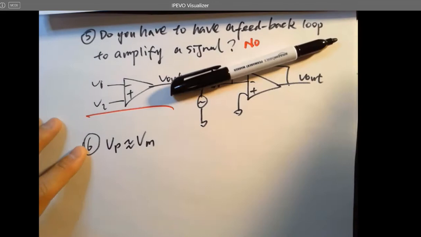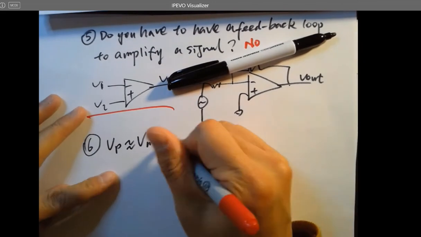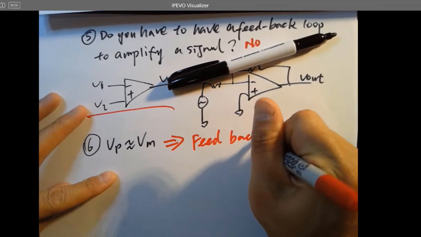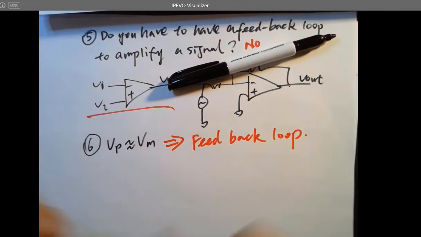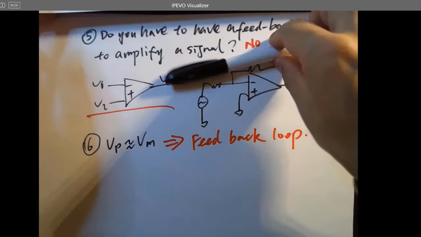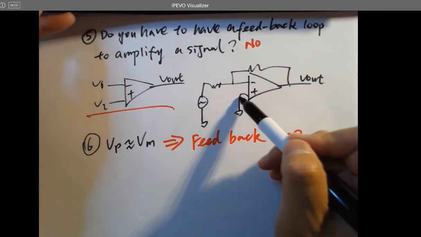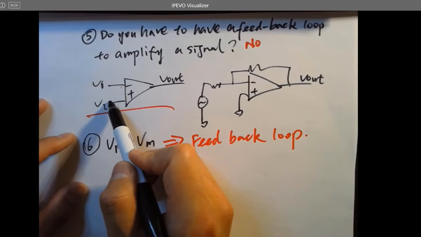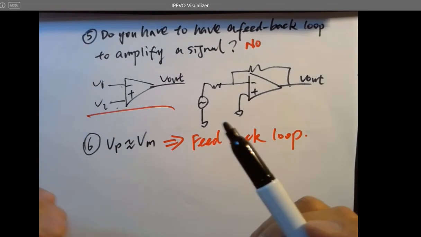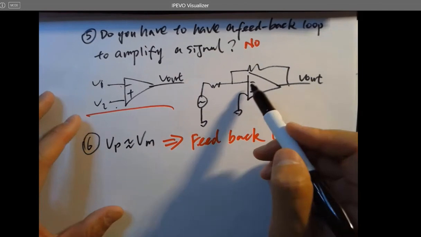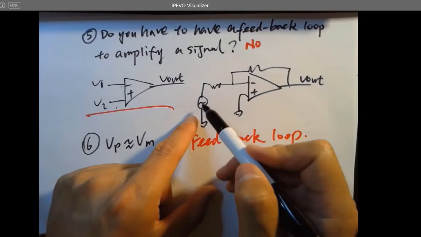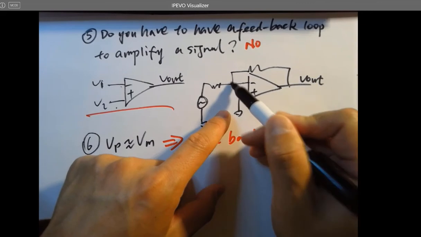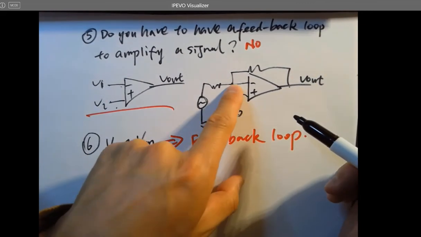Remember the answer first before we get into the details. Okay, because you have a feedback, so these two voltages are similar. In here, it's not. You can apply a different voltage here and a different voltage here. They are not necessarily equal or even close, right? But over here, whenever you apply a voltage here, these two terminals will have a really similar voltage appear here and here.